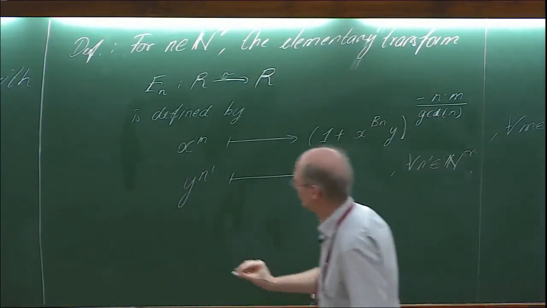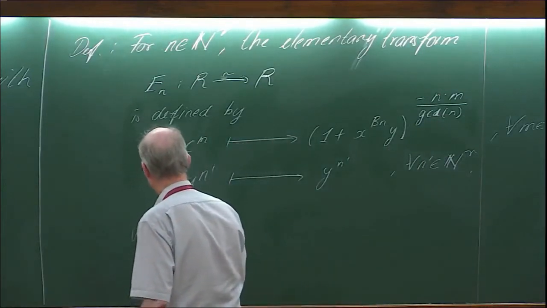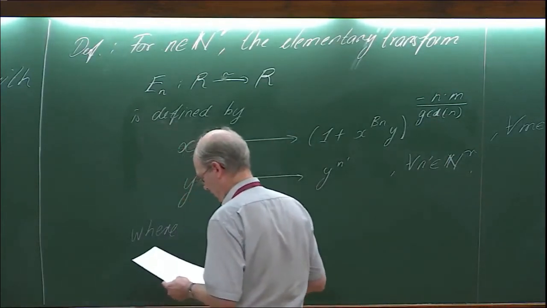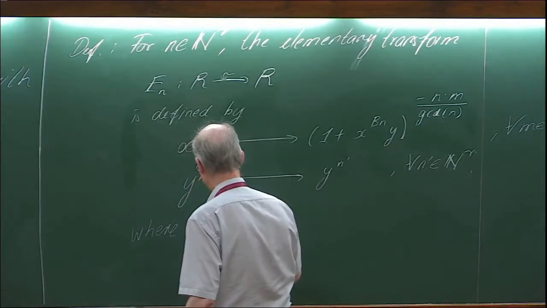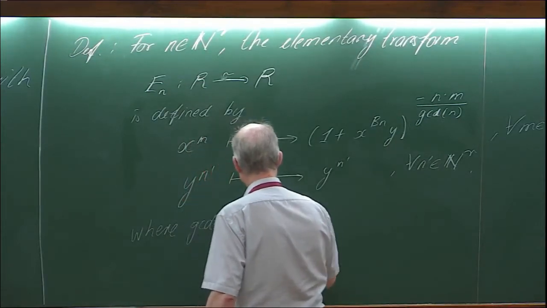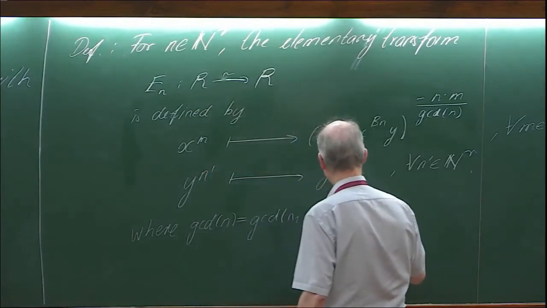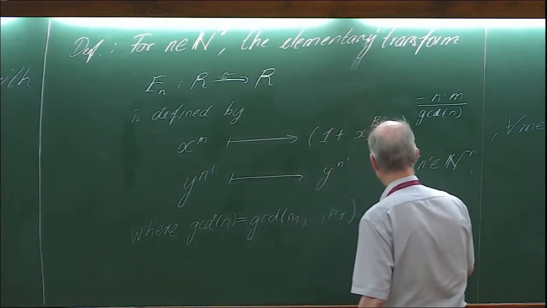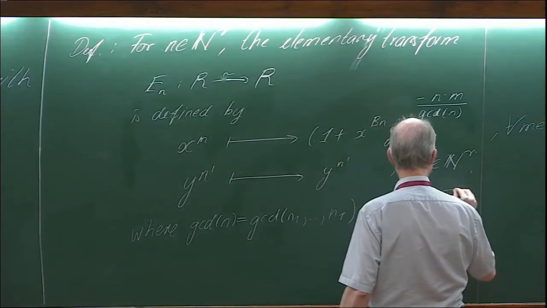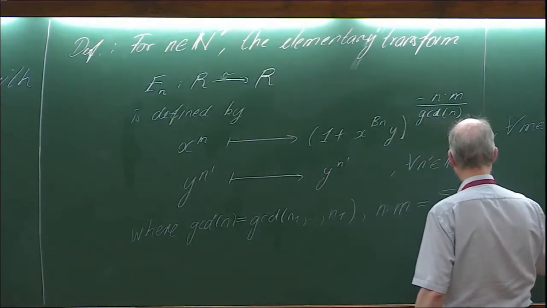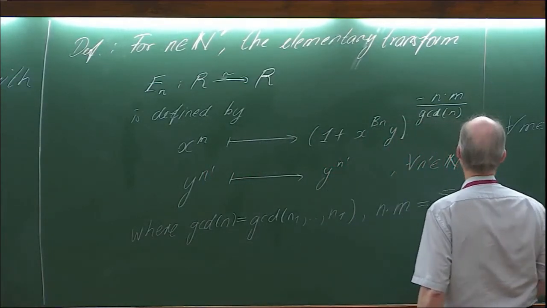Here, the GCD of n is just the greatest common divisor of the components of the vector n, and n·m is the standard scalar product.